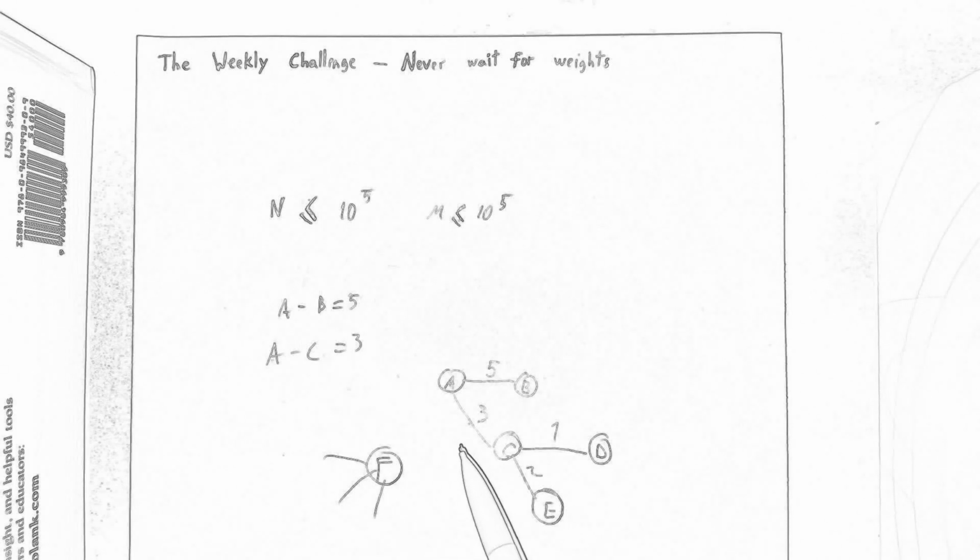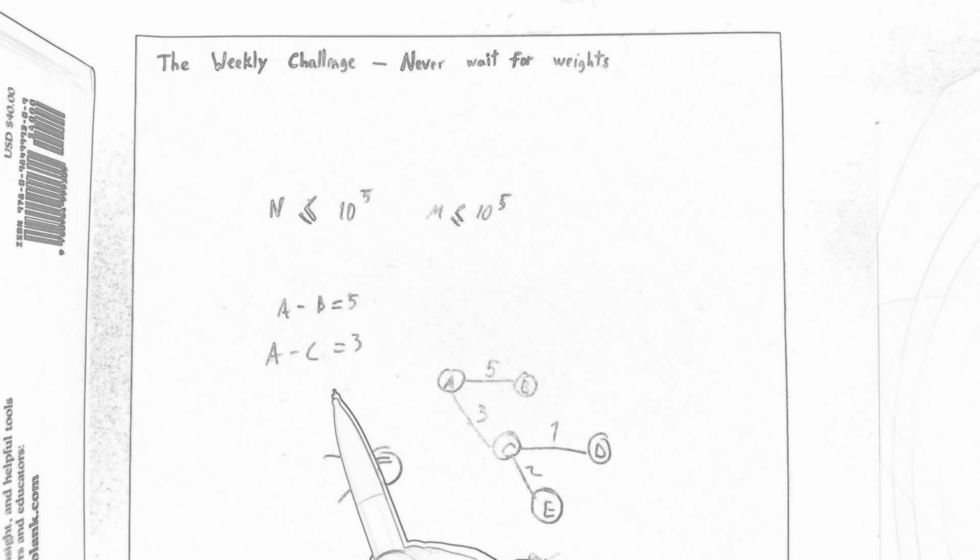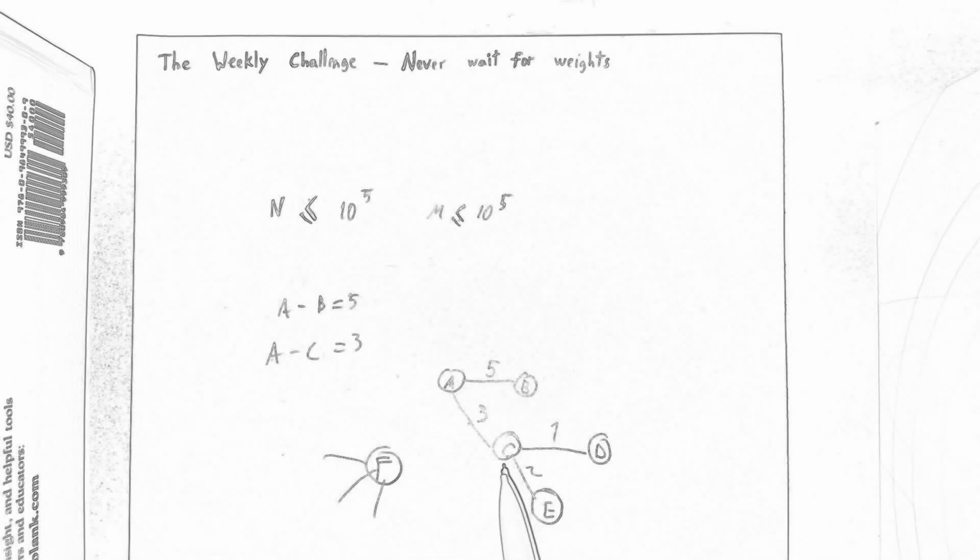We simply weren't given enough information for that. So what we need to know in order to know if we are able to answer a query or not is to know if the pair of variables in the query belong to the same connected component.